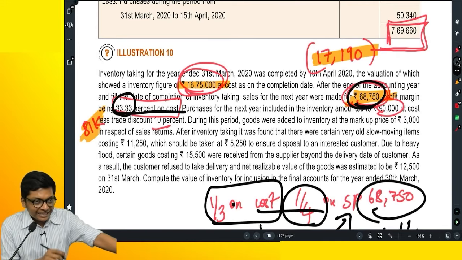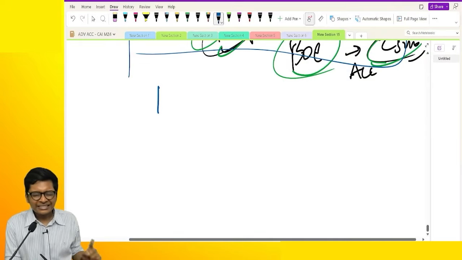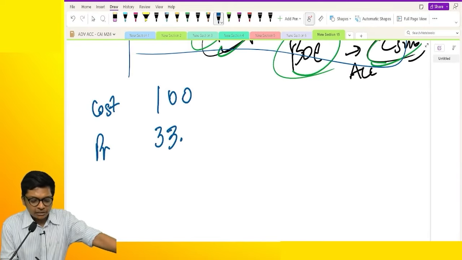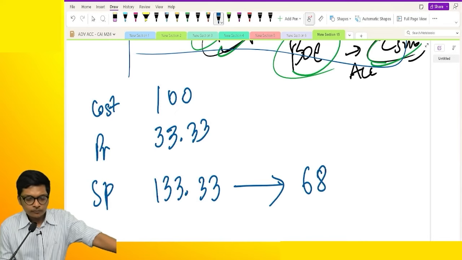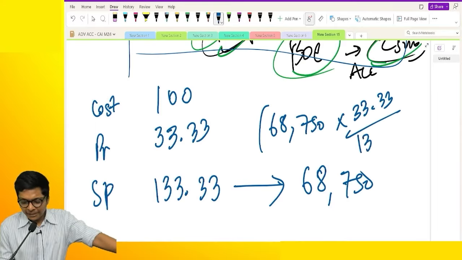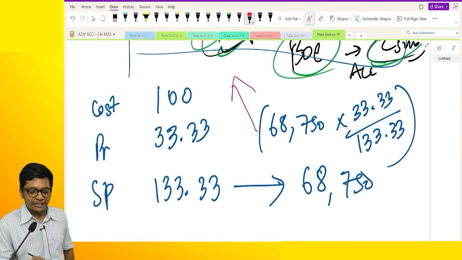But if you want the exact decimal, using the logic, if cost is 100, profit is 33.33. So selling price is 133.33. So now this will be 68,750 into 33.33 divided by 133.33. Now you will get the exact answer. How much are you getting?